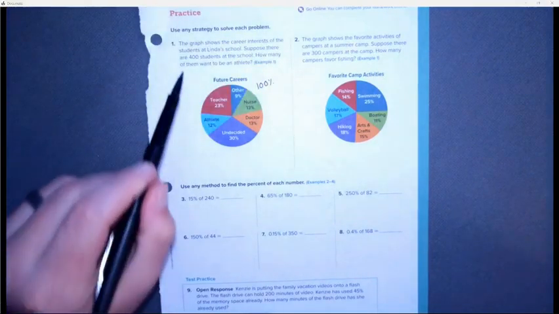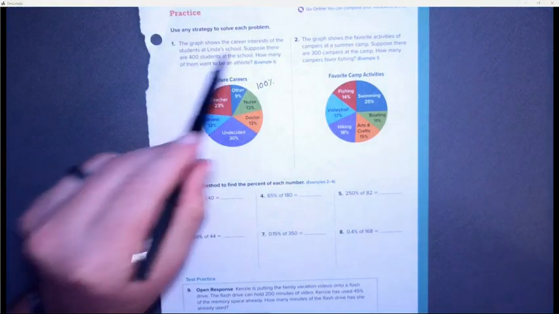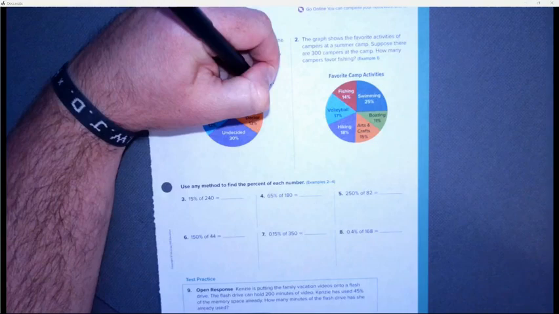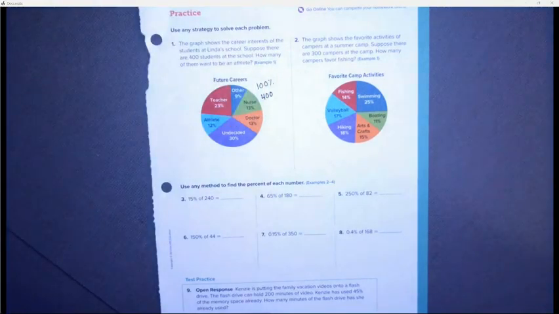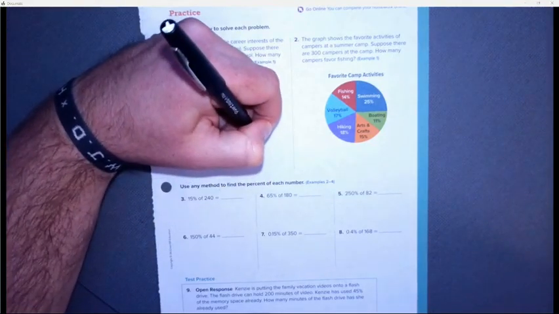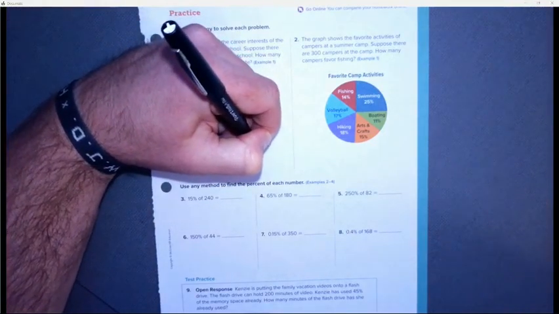And they told us in our word problem that the whole school is 400 students, so 100% is 400 students. And they want to know how many want to be an athlete. Well, 12% want to be an athlete. We know 12% is 12 per 100.